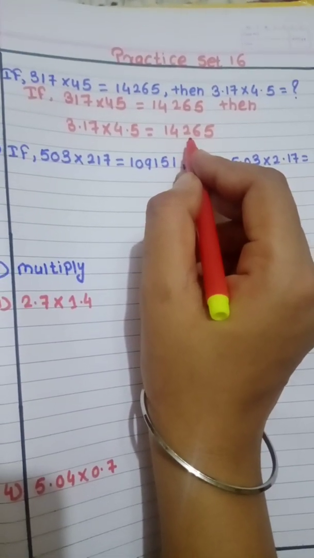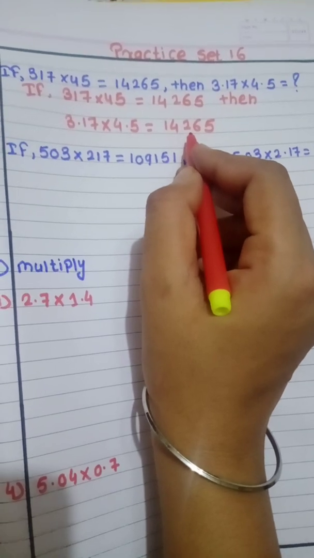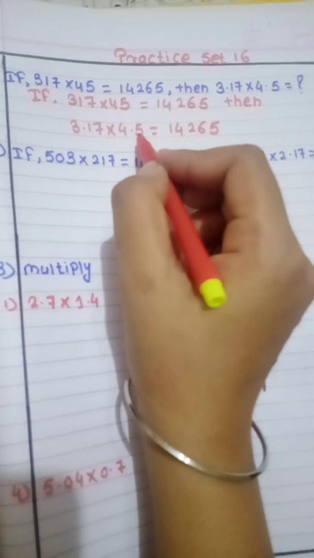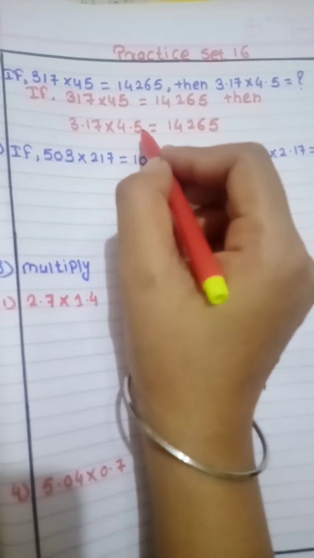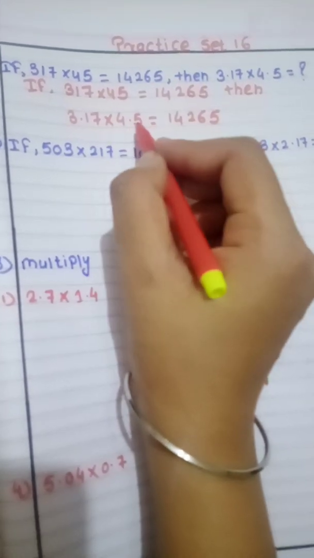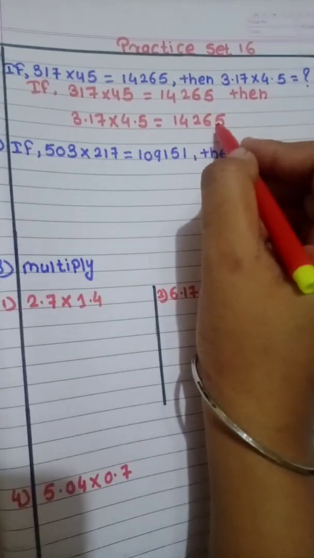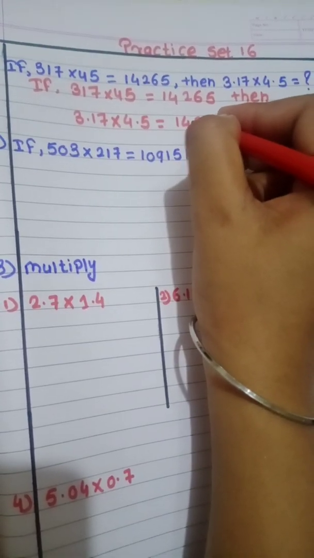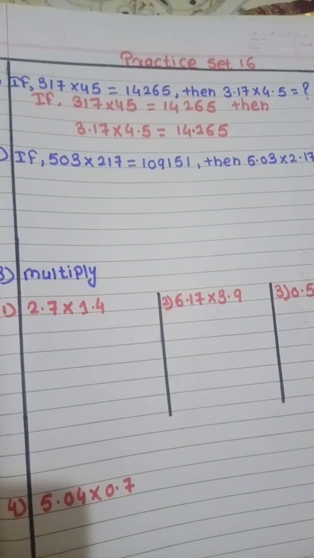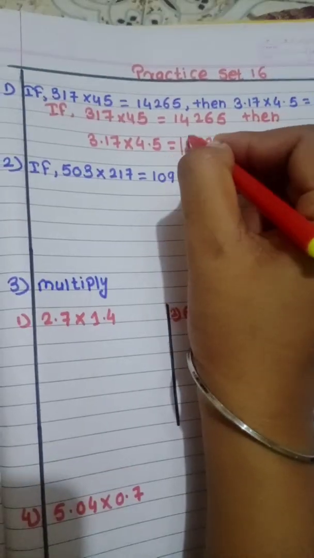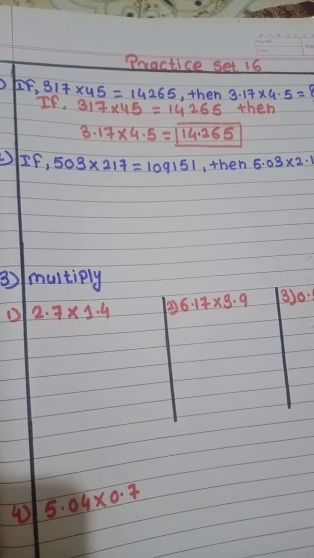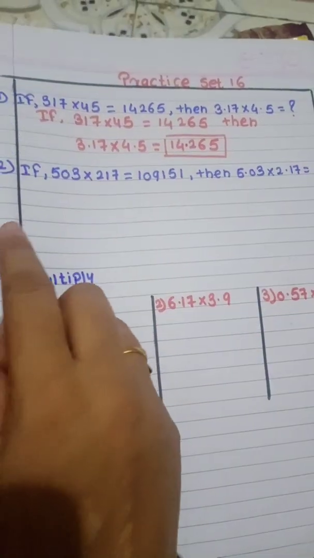But I have to add the decimal point. So I'll count the digits from the right: 1 digit after the decimal point here, and here 1, 2, 3. So 1, 2, 3 digits. So before the 3 digits I'll put the decimal point. So what is the answer? 14.265.